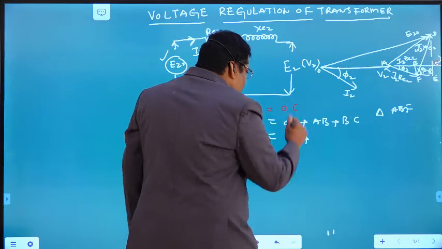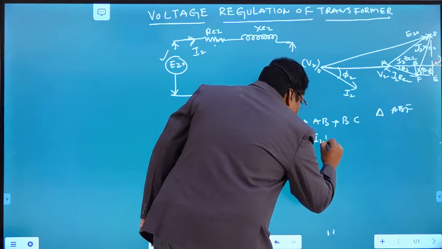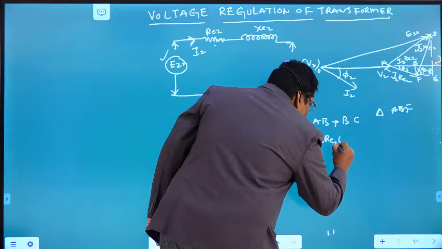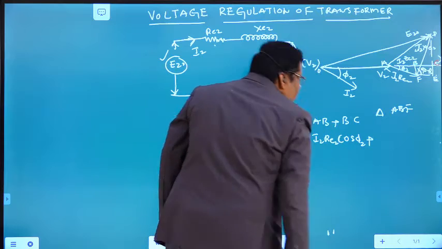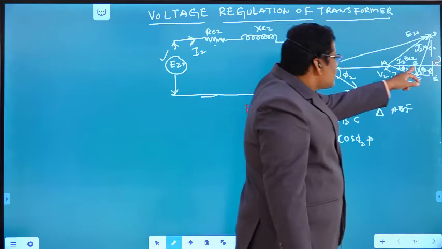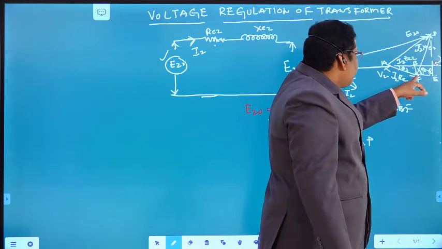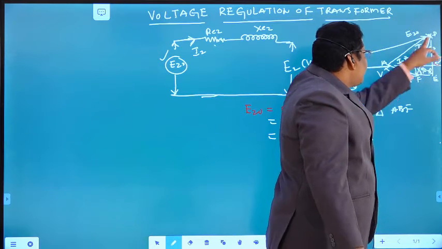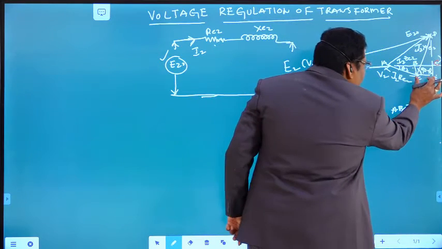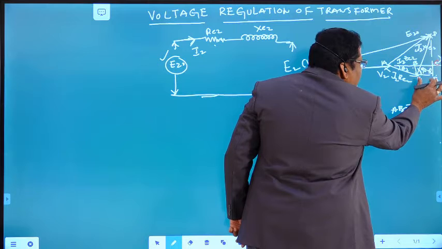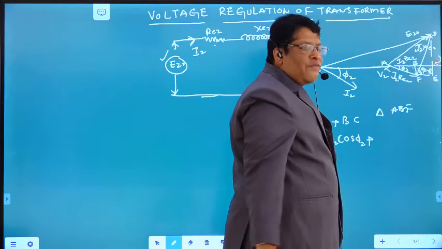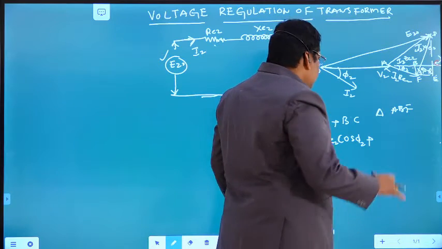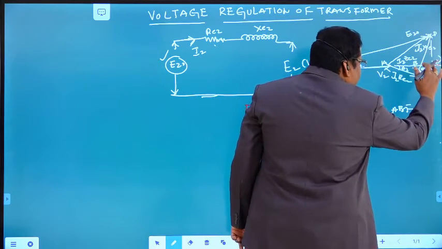Length AB equals I2 RE2 cos phi2. In the same manner, in the triangle EFD, we are finding EF. To find EF, you take the cos of 90 minus theta, then we get the EF value in terms of sine.